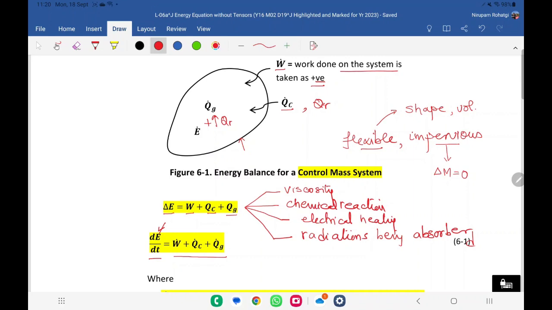There is one more, that is potential energy. Once we talked about kinetic energy, we can also talk about potential energy, mgh. That is also part of it. But we normally do not take it, because potential energy through gravity is not much.